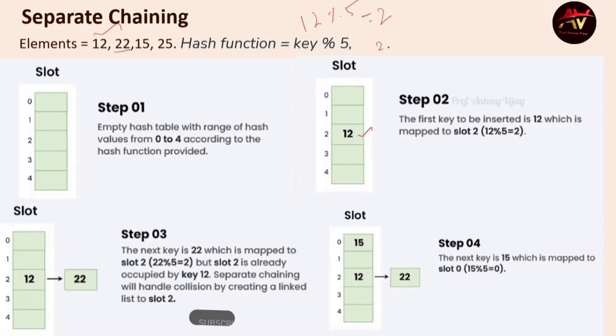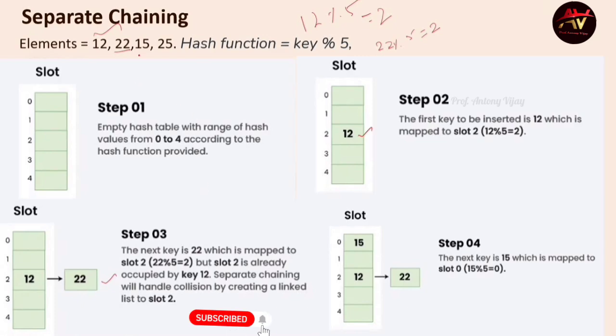Again 22 modulo 5 is 2. So already 2 is filled. So I told you already, separate chaining will create a linked list like this. So there is no issue. There is no collision going to happen. Okay. So separate chaining is one of the solutions for avoiding the collision.